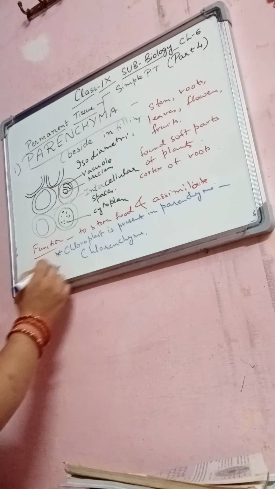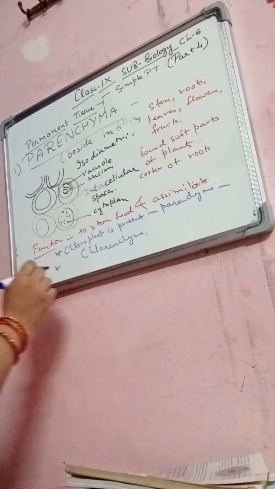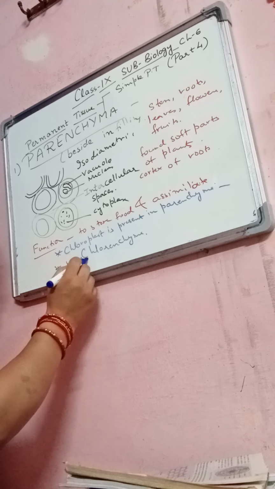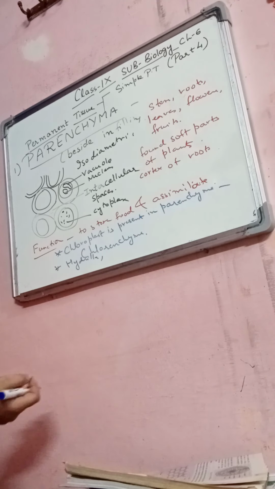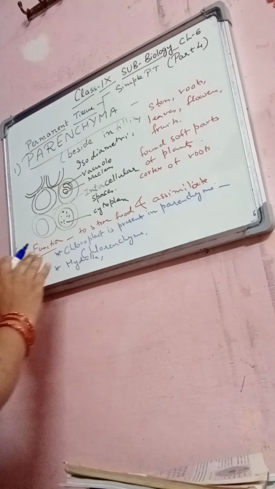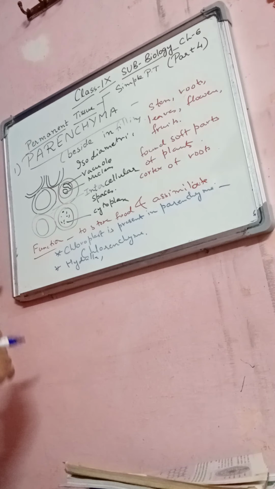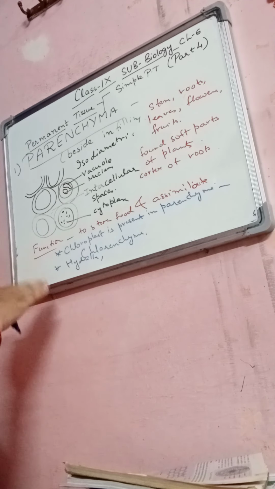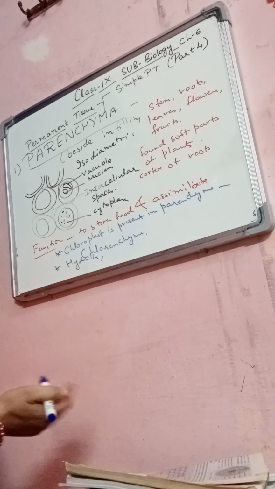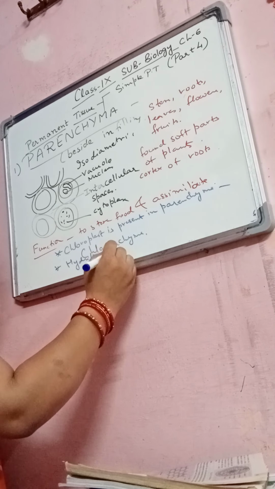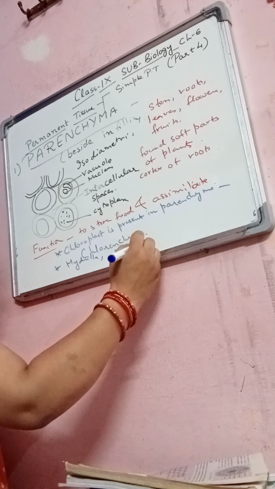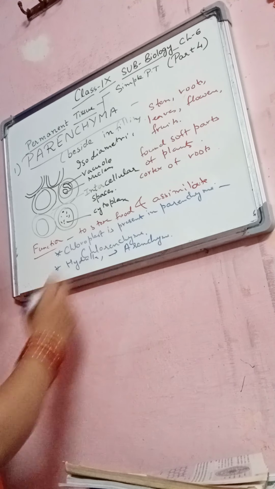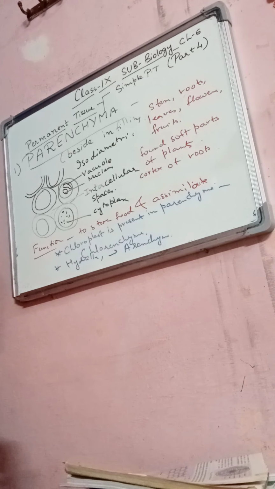In hydrophytes, aquatic plants such as hydrilla, large air cavities are present, so the parenchyma gives buoyancy to the plant. Such type of parenchyma is known as aerenchyma. So in hydrophytic plants, this parenchymatous tissue is present. This is about the parenchyma.